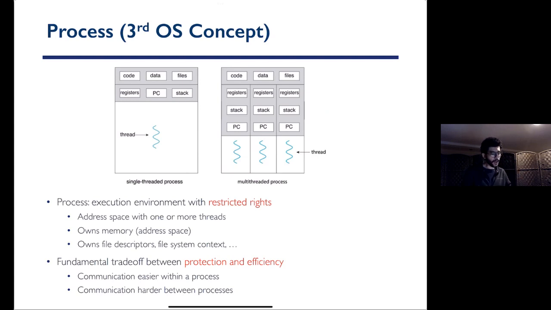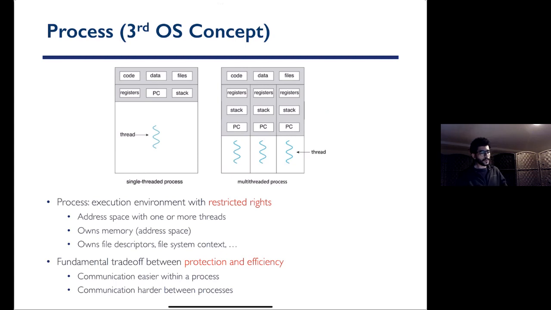Next stop, the third operating system concept, which you should be familiar with. It's called process. So processes are the third operating system concept that we're going to look at. In a sense, you should have seen processes in ECE 252.